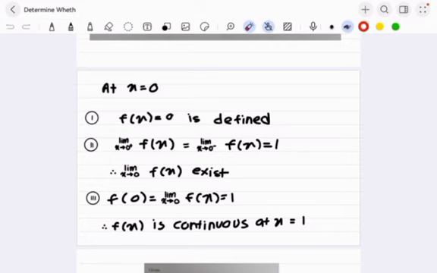Therefore, the limit as x approaches 0 of f(x) exists. So the third one, f(0) equals the limit as x approaches 0 of f(x), which equals 1. Therefore, f(x) is continuous at x equals 0.